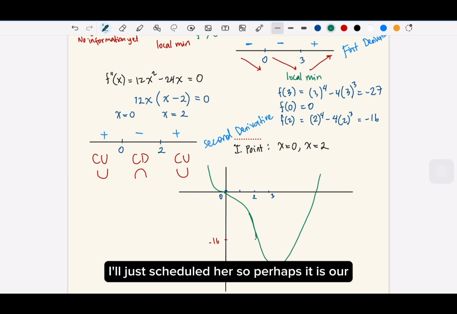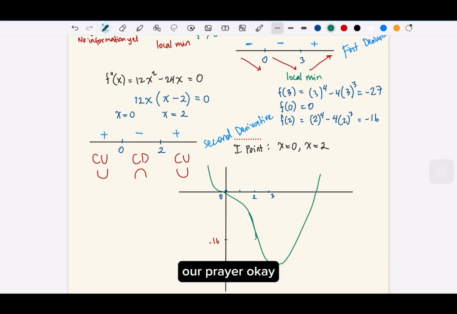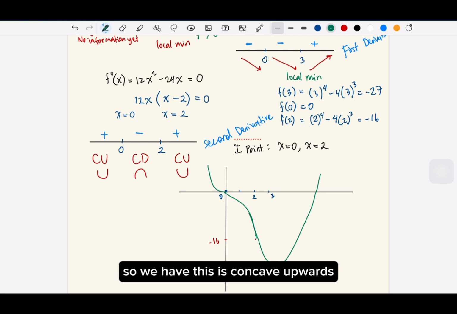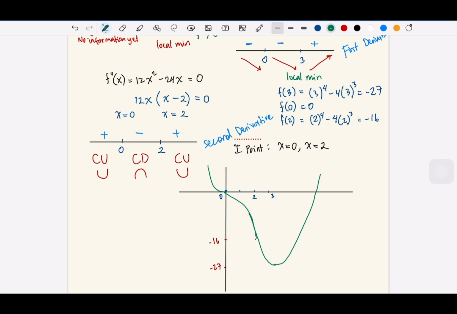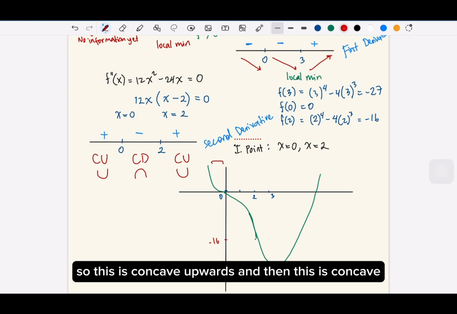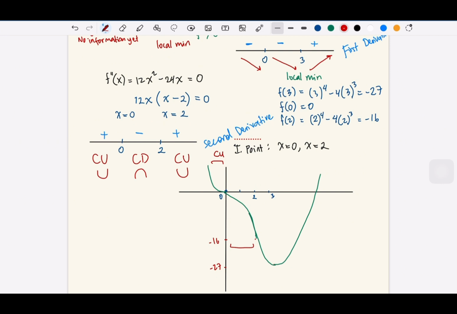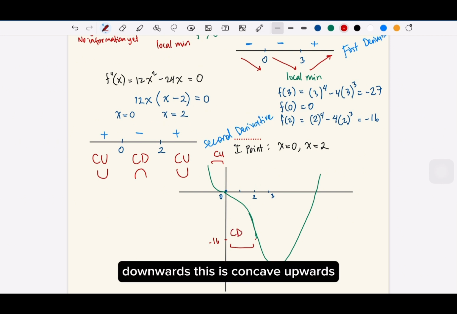So perhaps this is our curve, okay? This is concave upwards, and then this is concave downwards. This is concave upwards.